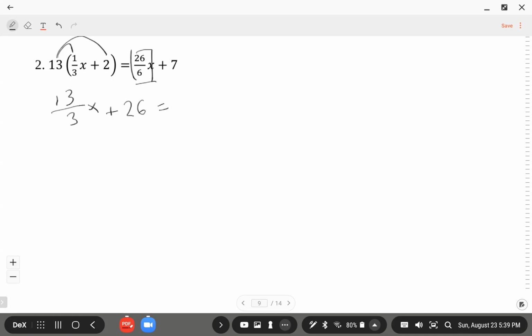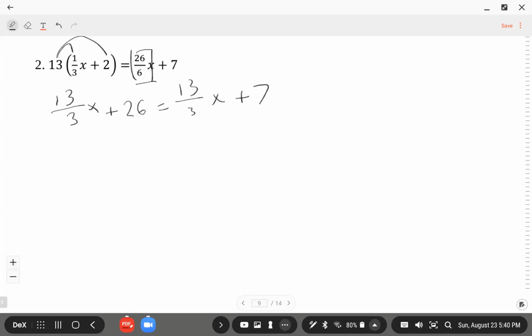And this is an unsimplified fraction. So let's try to simplify it. Okay, so let's simplify. We just divide both 26 and 6 by 2. So we get 13 over 3x plus 7.